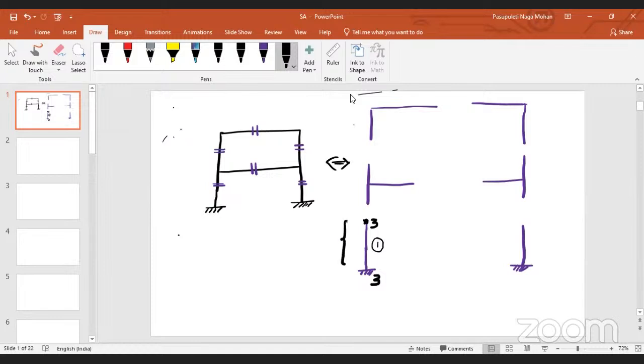Now find out how many extra equations we need in this part. How many unknowns are we having? 6. If this entire frame is stable, then obviously this will also be stable. Then for this part, how many equilibrium equations do we have? 3. So 6 minus 3. So total for this, how many unknowns do we have? 3.